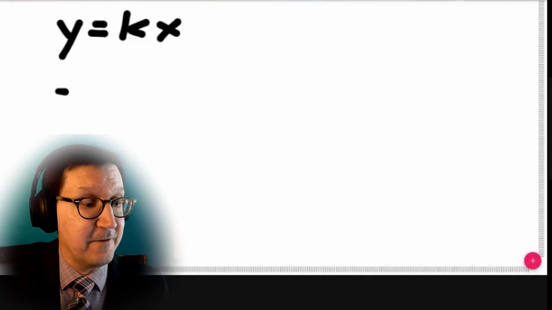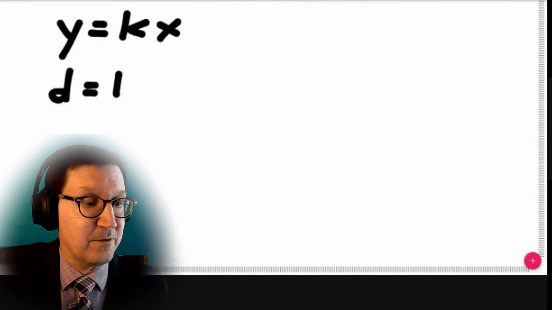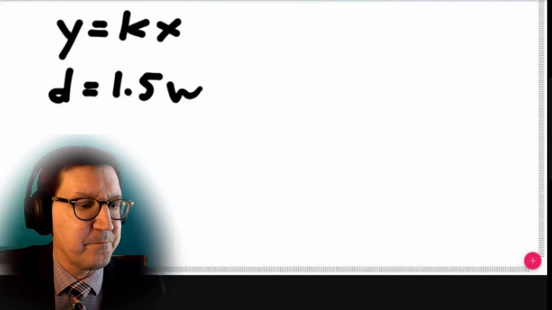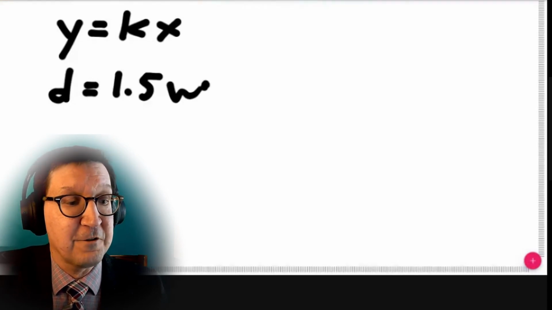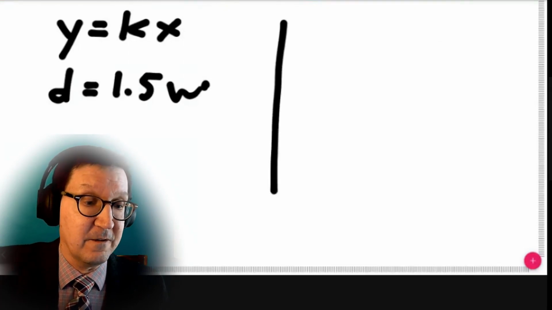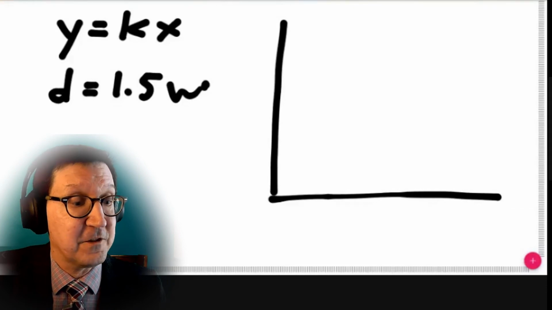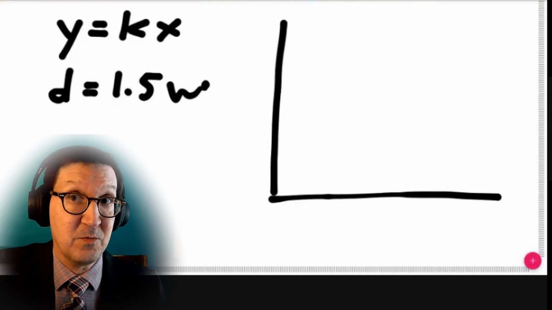So if you fit that in there, D equals 1.5 times W, you can see we're finding it the same way. So if we were going to graph this, because y equals kx works for a graph, we can do that with D equals 1.5W as well.